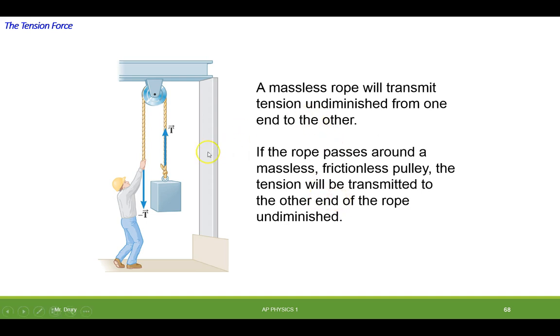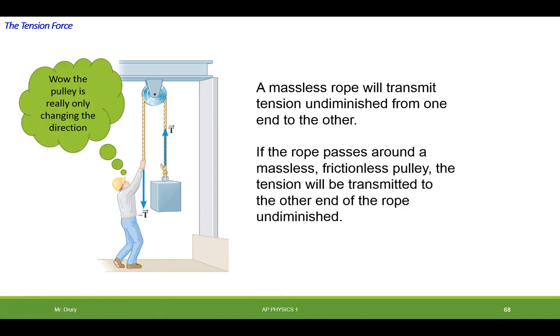So basically, if you look at this, if this thing weighs 100 pounds, he has to pull down with 100 pounds. So the question arises, why the heck would he use the pulley in the first place? And really the only reason he would be using this type of pulley is because he's changing the direction. He pulls down with 100 pounds, the block that is 100 pounds goes up.